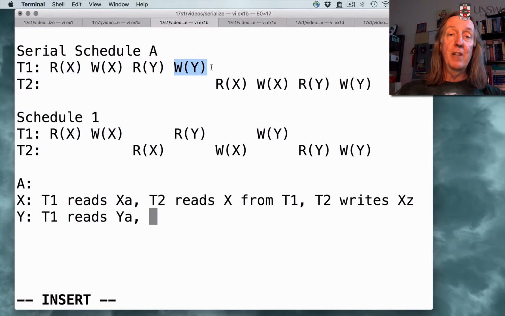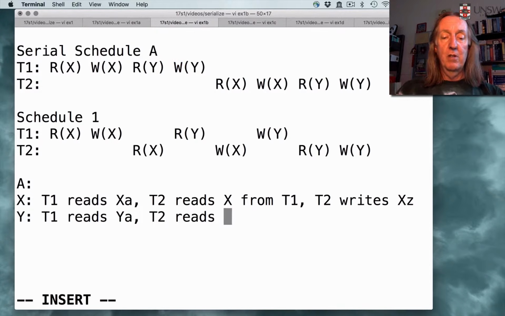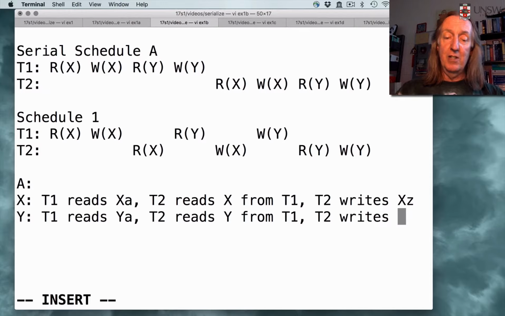It reads the value that was written by T1. So T2 reads Y from T1. And who writes the final value of Y? Since T2 is the second transaction, obviously it writes the final value of Y. Alright, let's compare that to the concurrent schedule, schedule 1.